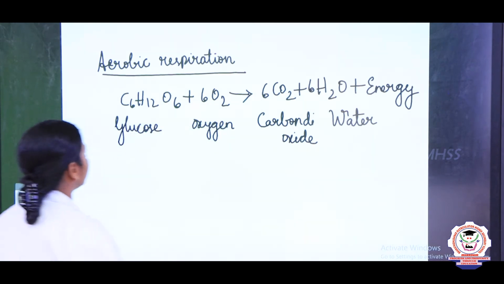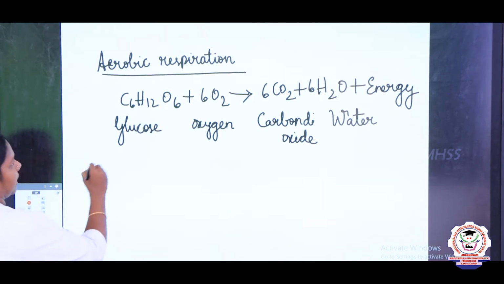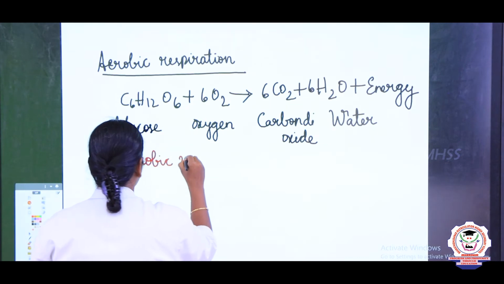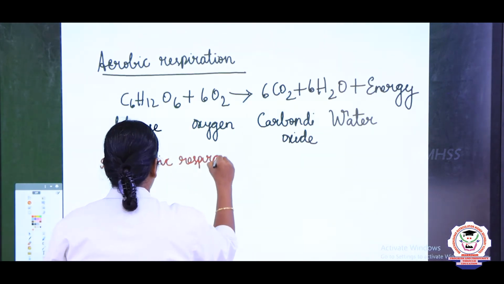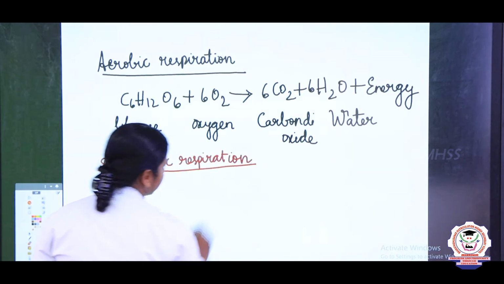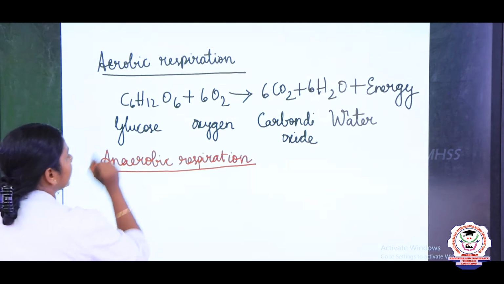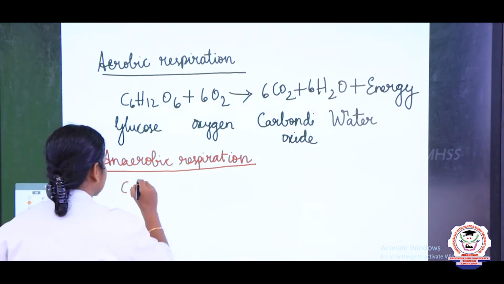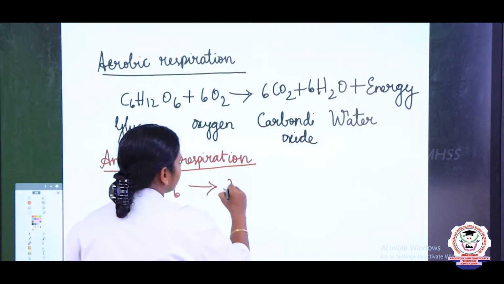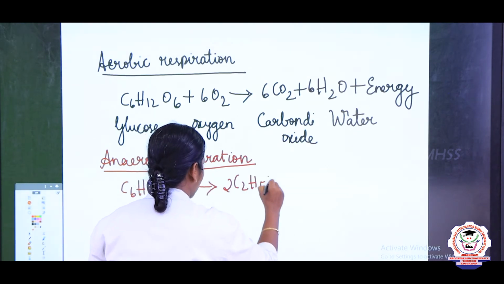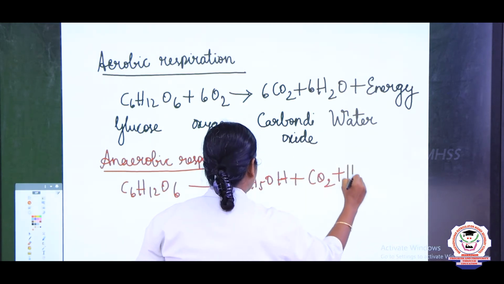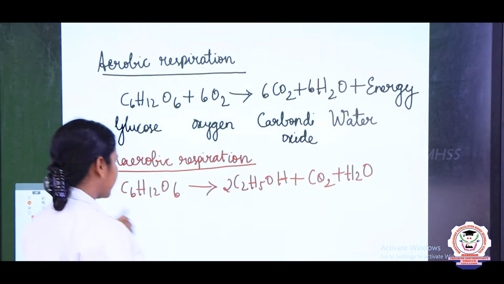And next we are going to see about anaerobic respiration. What is anaerobic respiration? Anaerobic respiration does not involve oxygen. Here what happens? Glucose, that is C6H12O6, gets converted into 2C2H5OH plus 2CO2, right?